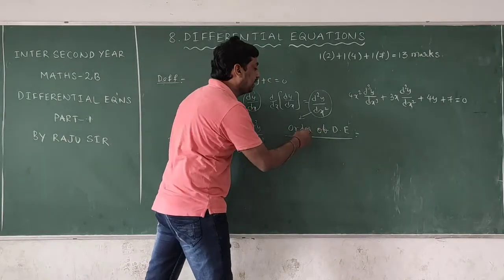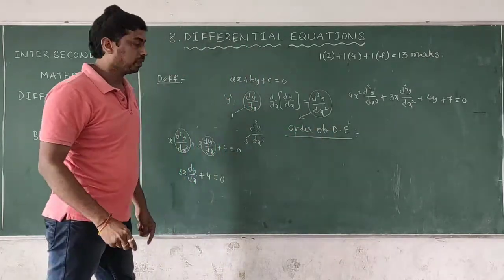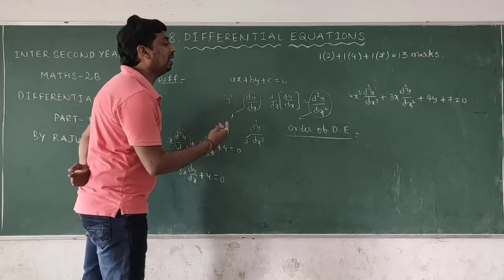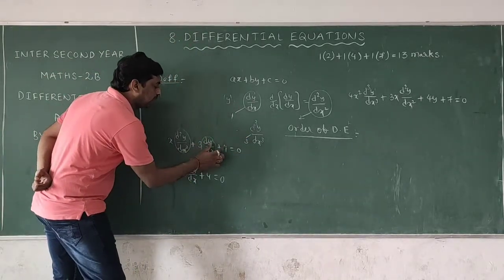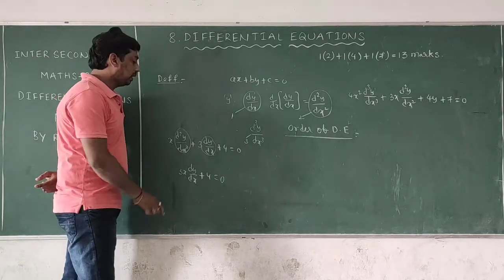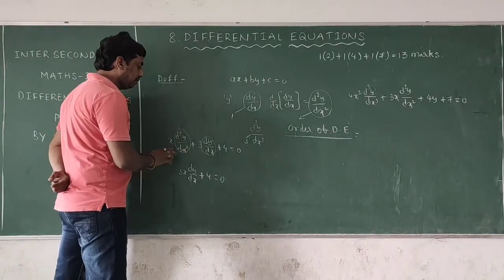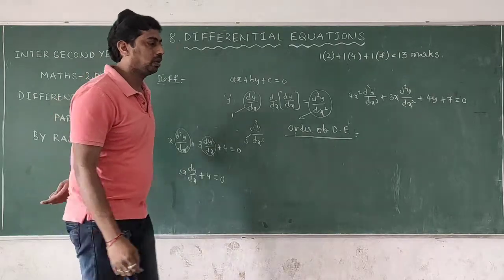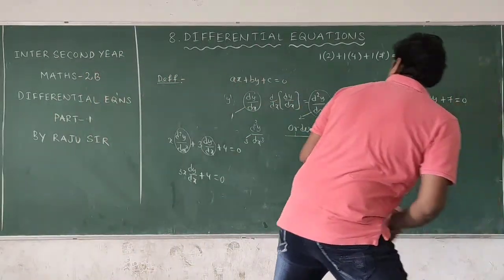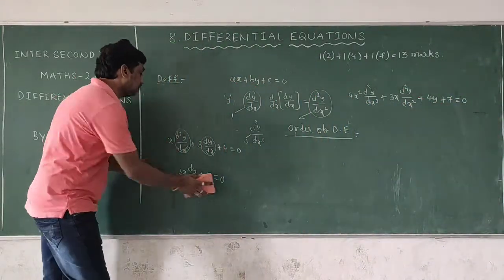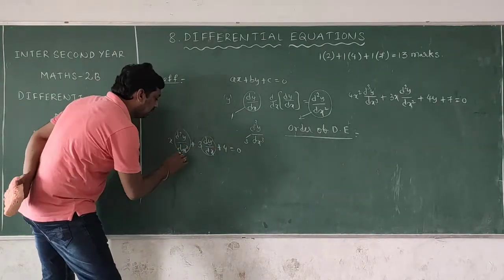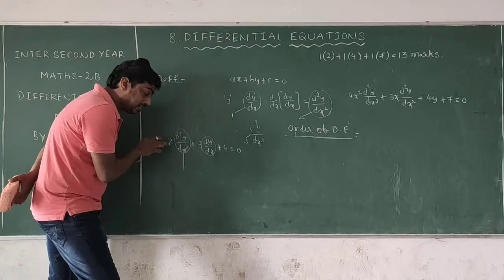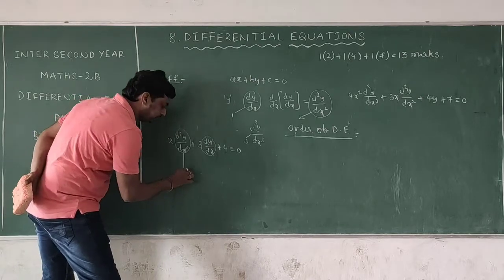Now I am explaining the order of the differential equation. For example, here is one differential equation. In this differential equation we have two derivative terms: x into d square y by dx square plus 3 into dy by dx plus 4. What is the order of this derivative term? 2.